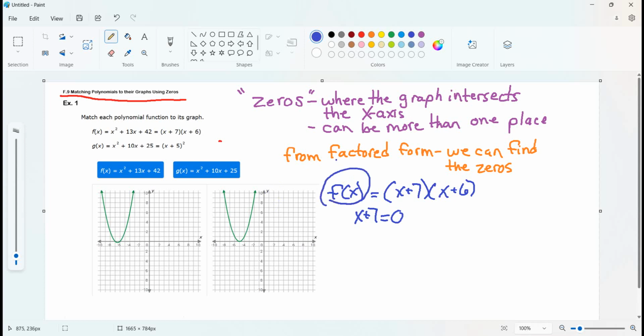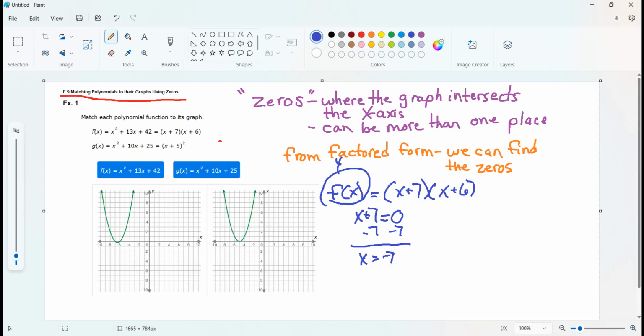Is this the same thing as y equals? So what would zero that out? So again, we take these factors, we set them to 0. We want to solve it for x, get x all by itself. Well, this one is pretty simple. If we subtract 7 from both sides, we get x equals -7.